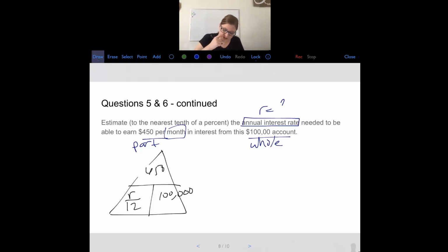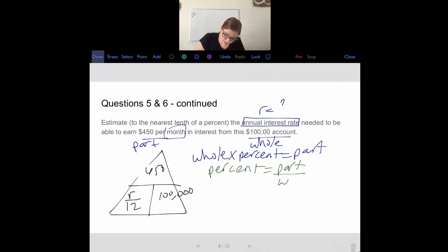Okay, so something to keep in mind here is whole times percent equals part, or another way of looking at it, if we solve for percent, percent is equal to part over whole. So our percent, R over 12, is equal to our part, which is our interest, over the whole, which is 100,000.